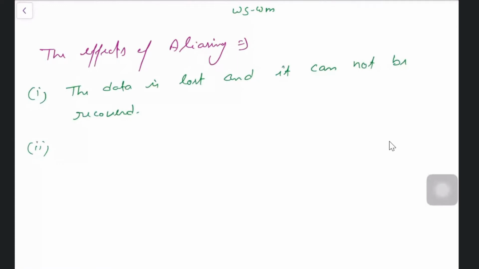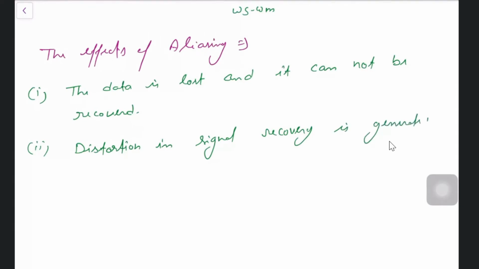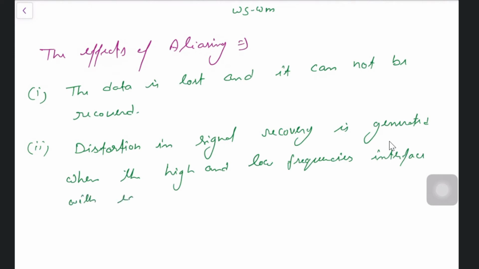Distortion in signal recovery. Distortion in signal recovery is generated when the high and low frequencies interfere with each other.